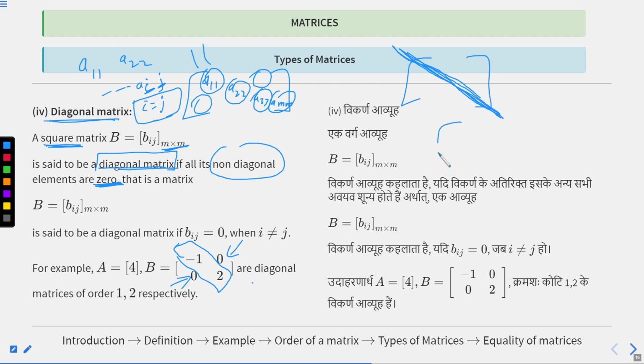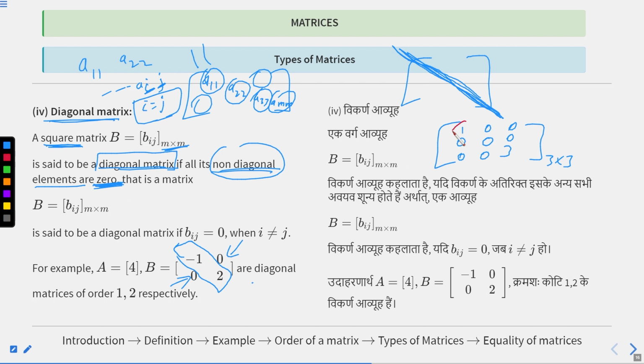Another example you can take, say 1 2 3, so a 3 cross 3 matrix. First of all, your matrix must be square. Now all entries must be 0. By this definition, you can put your diagonal entry equal to 0, because we only talked about your non-diagonal elements being 0.